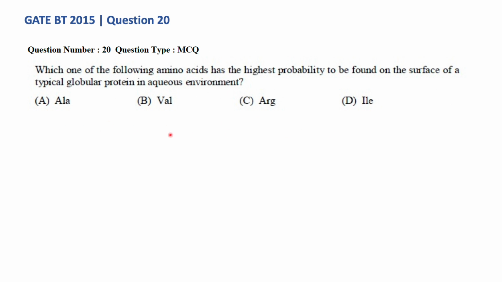Out of the given options, if you remember the acronym GVAMP-WILF that I suggested you keep in mind to remember the non-polar amino acids, then options A, B, and D, which are A, V, and I, are all non-polar amino acids. So that leaves us with arginine, whose one letter code is R. This is a polar amino acid. So that answers our question.